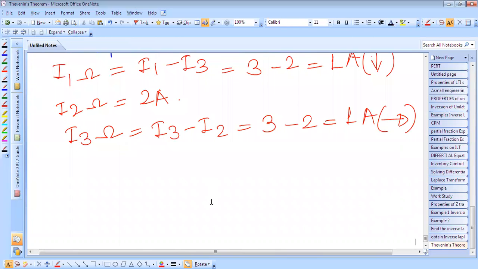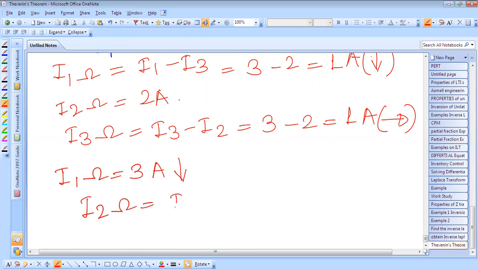Okay. So again, what remains now? The current in the 1 ohm is 3 ampere, again from top to bottom, and for the 2 ohm it is equal to I1 minus I3, where I1 we have got here 3 ampere and I3 also 3.